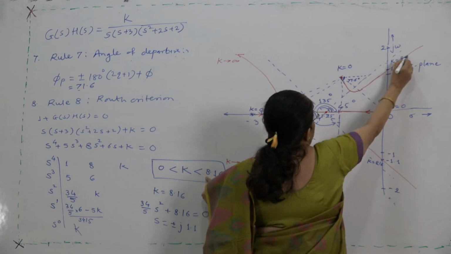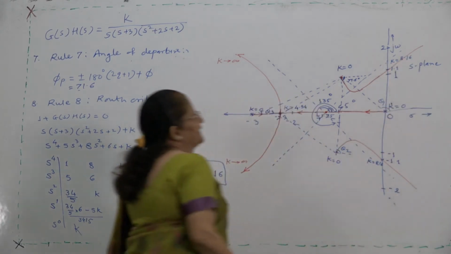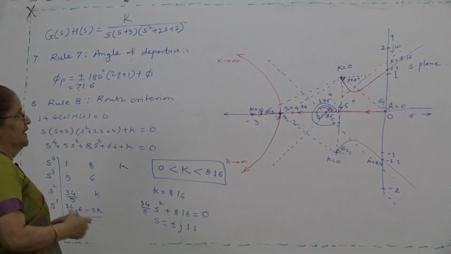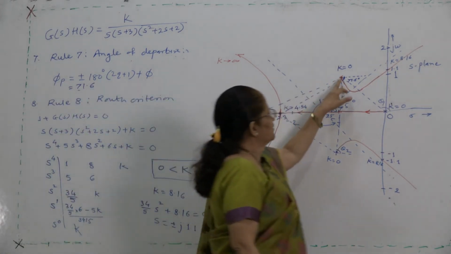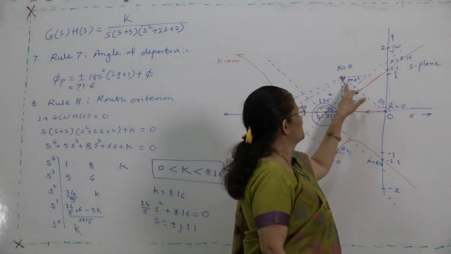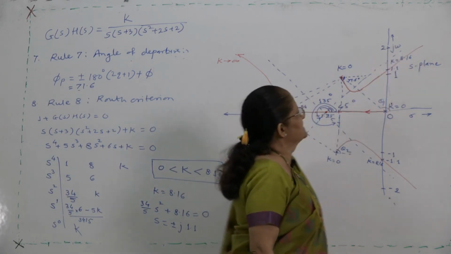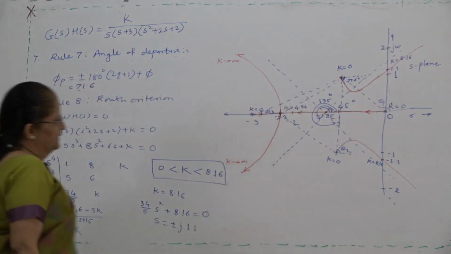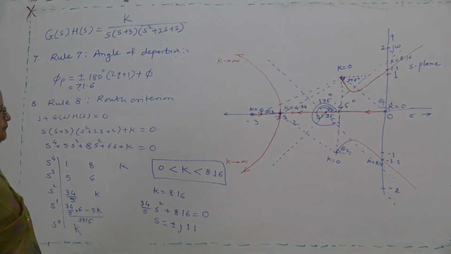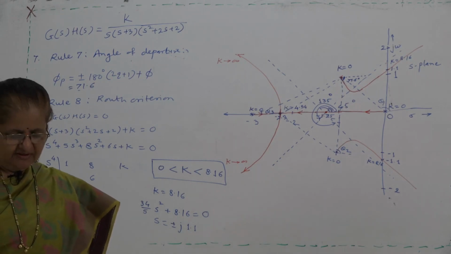And what is the value of k now? You can find out here. The value of k is 0 when it starts from the open loop pole. So, k is 0 here. As k goes on increasing, at this point, what is the value of k we have seen? 8.16. So, here the value of k is 8.16.